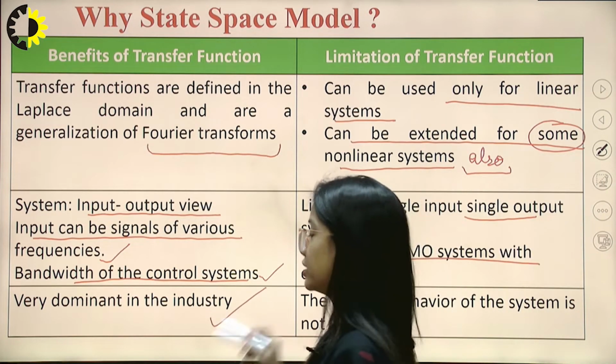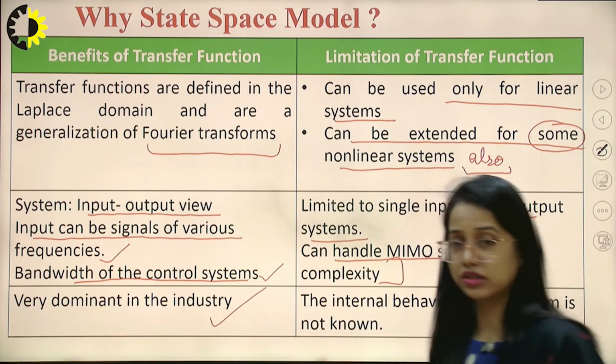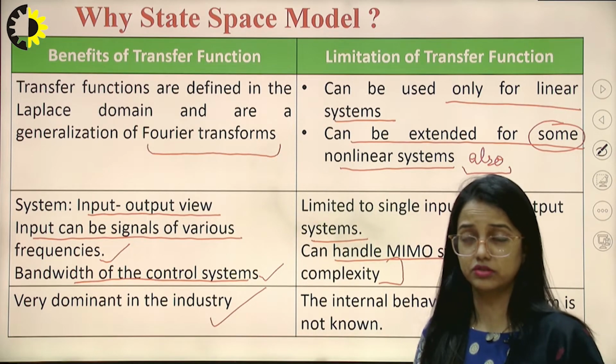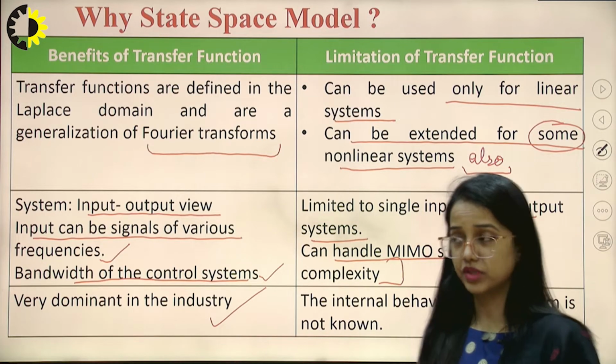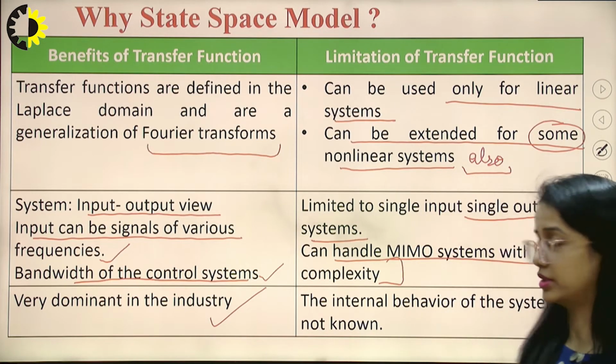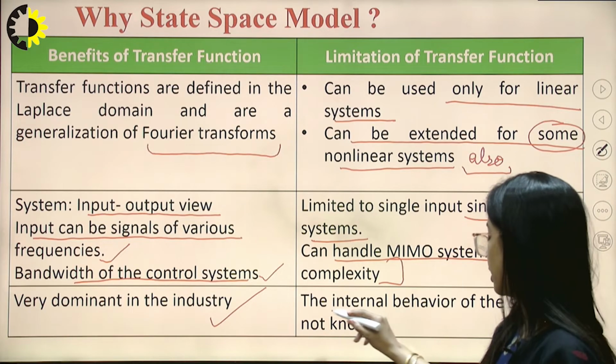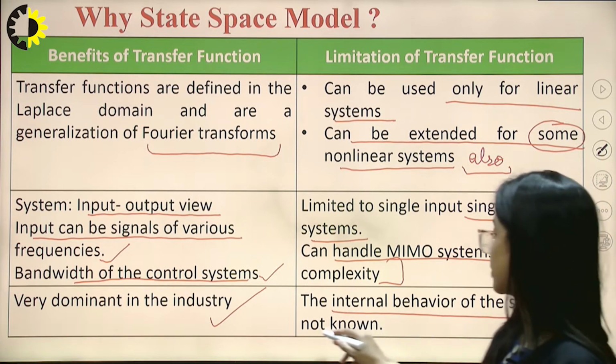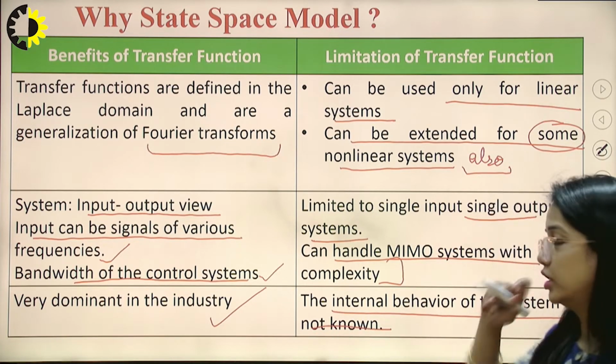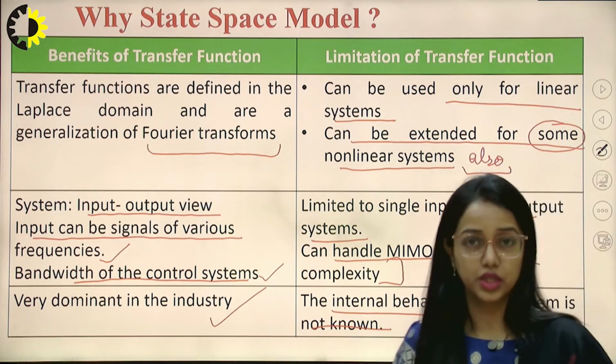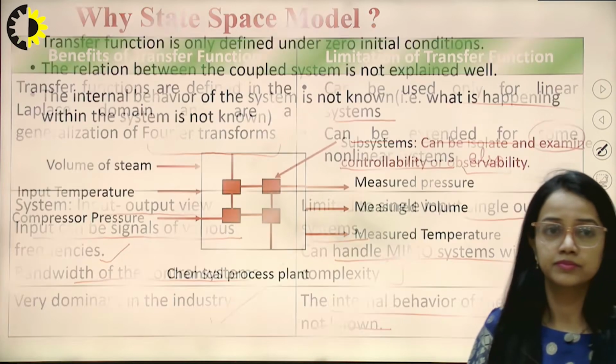It is very dominant in the industry. Presently in the industry, we are using transfer function analysis with a huge range of applications. The internal behavior of the system is not known. So, this is also a drawback or limitation of transfer function analysis.